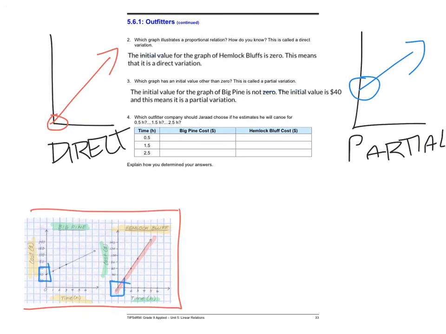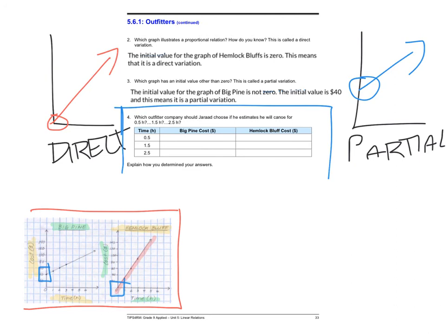Moving on, I'm actually going to leave question number 4 for you to do as your practice work for today. Okay? So the question asks you, which outfitter company should Jared choose if he estimates he will canoe for 0.5 hours, 1.5 hours, 2.5 hours?